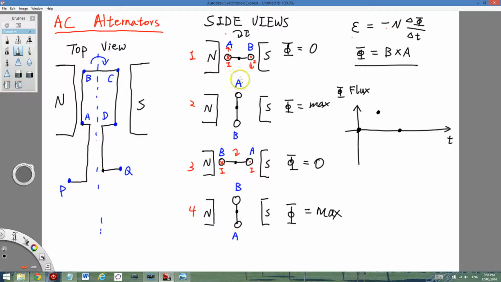But in this time, how does it rotate? As the direction changes, it goes like this. Then it rotates back. So if I sketch the magnetic flux over time graph, I get a perfect sine graph.